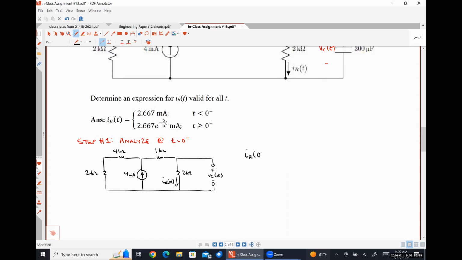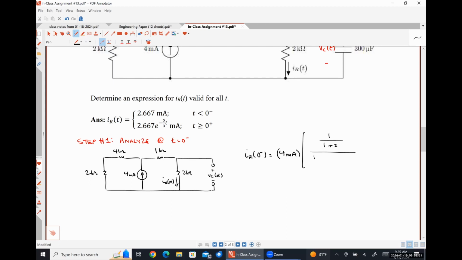So IR at 0 minus is going to be 4 milliamps times, in the numerator, 1 kilo ohm plus 2 kilo ohms. So I'm just going to put 1 over 1 plus 2. That's the total resistance of the right-hand path.